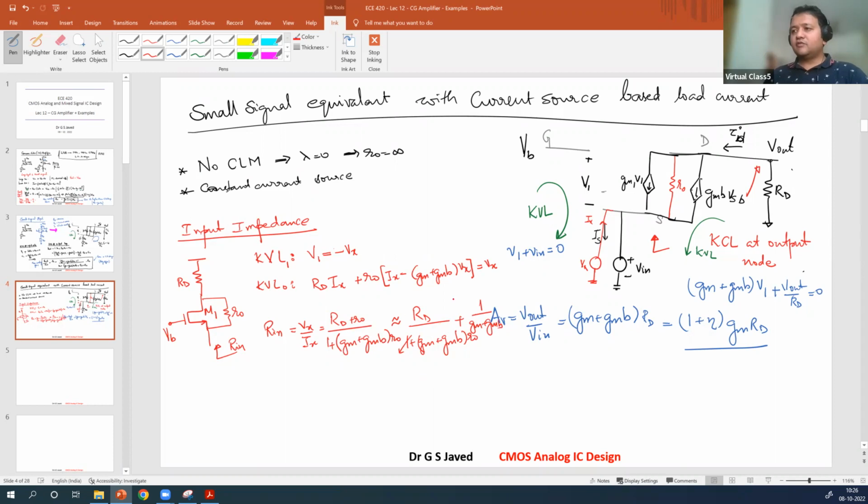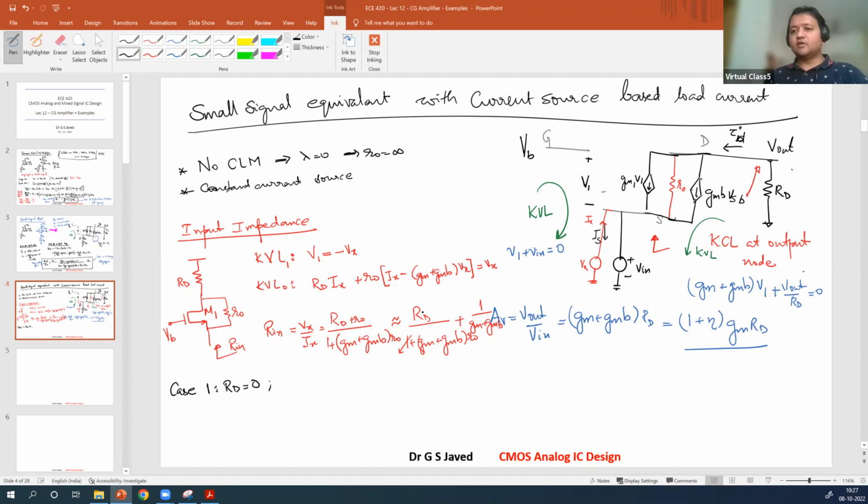So there are a few conditions that you can quickly absorb and understand. First, let us understand what the special conditions are. One of the conditions is if RD is short circuited, RD is 0.